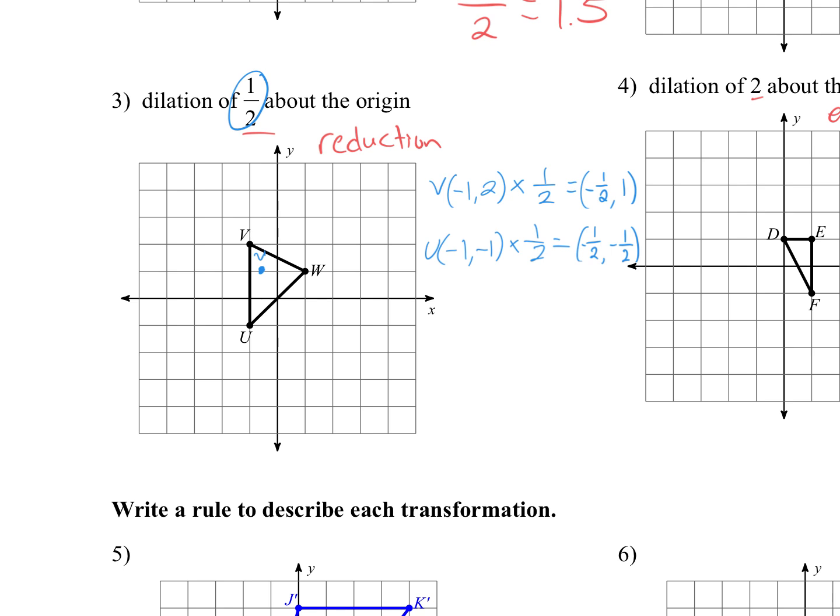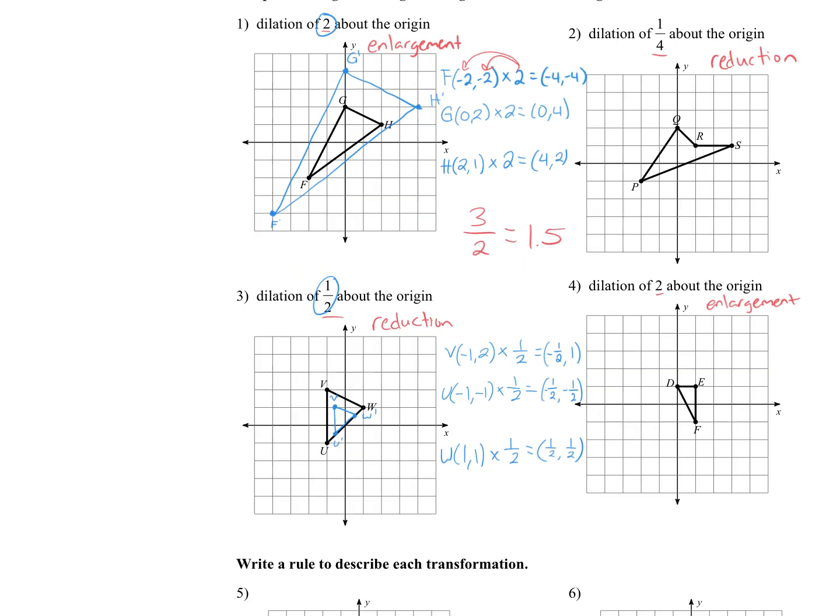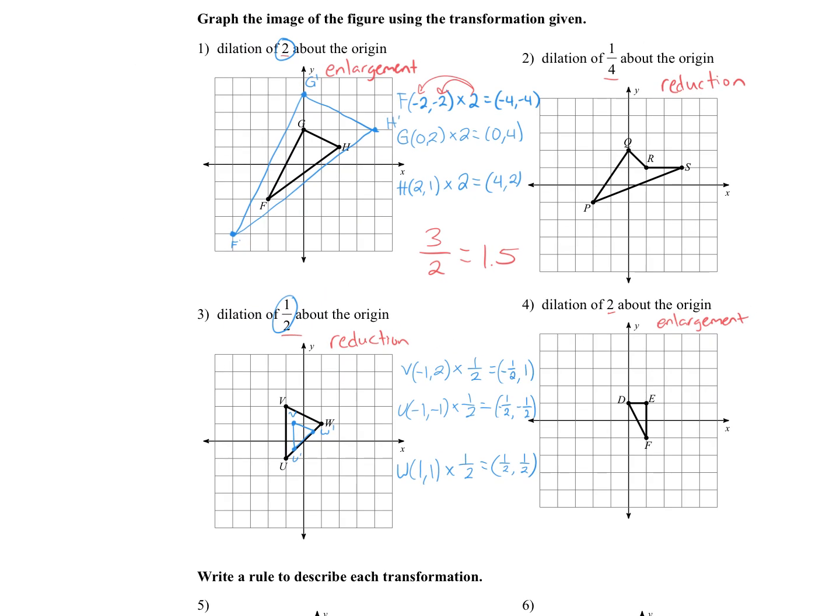So then again, guesstimate where those points would be. And then last one, W is at 1, 1. So my new coordinate would be 1/2, 1/2. And then draw your new image. Did our image get smaller? Yes. Is that what we wanted at the beginning? Yes. Okay.